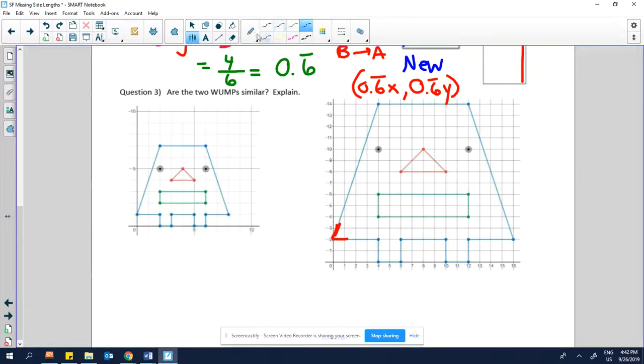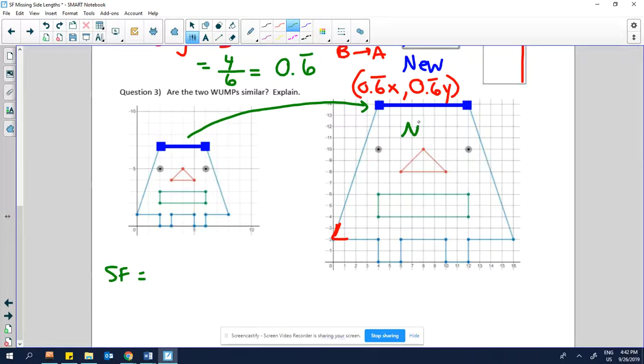And let's do an easy side length. Up here, I know that this is 1, 2, 3, 4 long. 1, 2, 3, 4, 5, 6, 7, 8 long. What's my scale factor from 4 to 8?